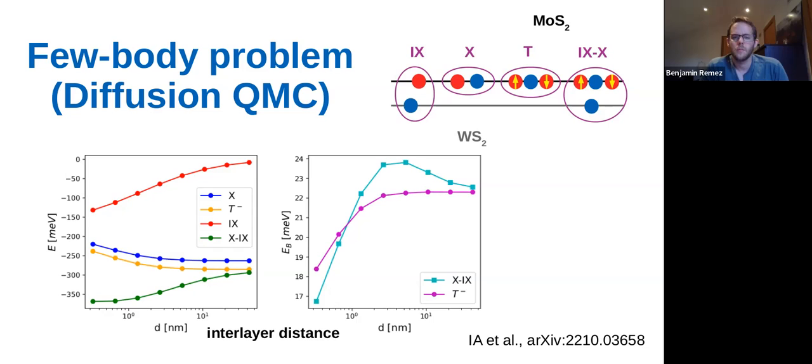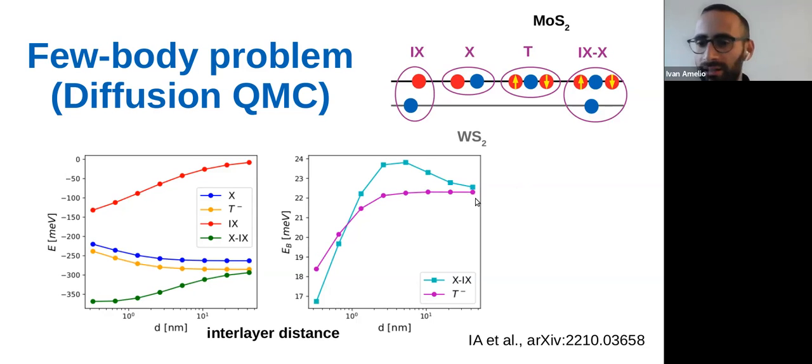This occurs in this theory at large interlayer densities. And indeed, you see that in this case the energy of the biexciton matches the energy of the trion. I didn't say it very clearly, but in the very deep BCS regime you see the trion binding energy because your Cooper pair is very large.